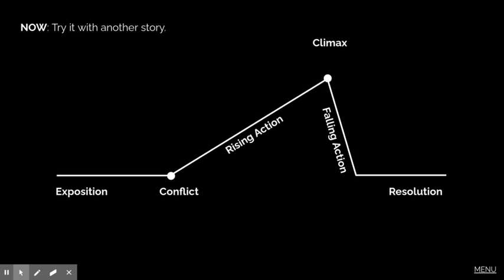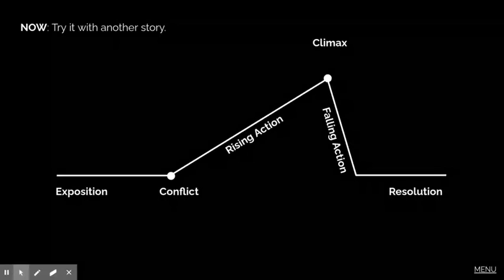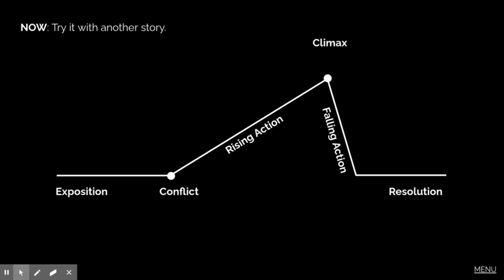So you are going to try this yourself with your own story. You should have already done the pre-writing assignment to figure out what it is that you want to write about and what the lesson learned is. Now you're going to follow this example to map out what your story is about. If you do this before you start writing your story, you should be able to have a very organized idea before you begin actually writing the rough draft.